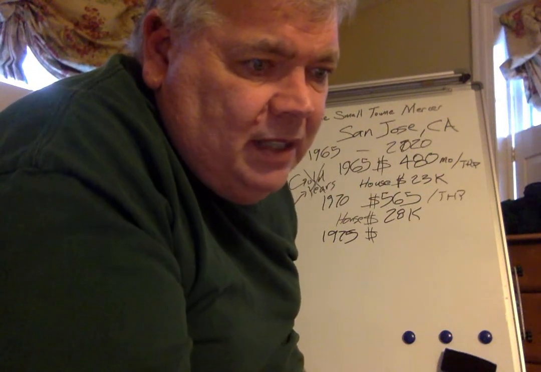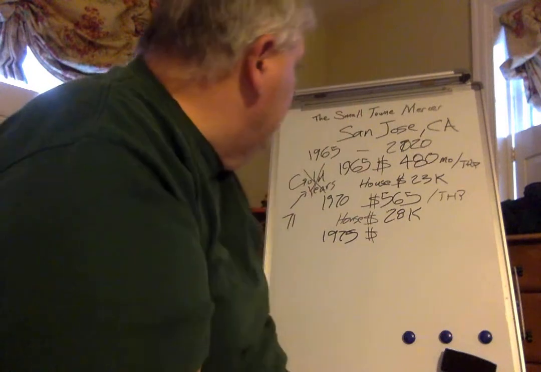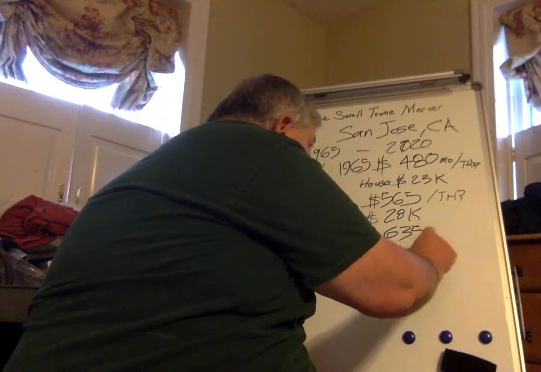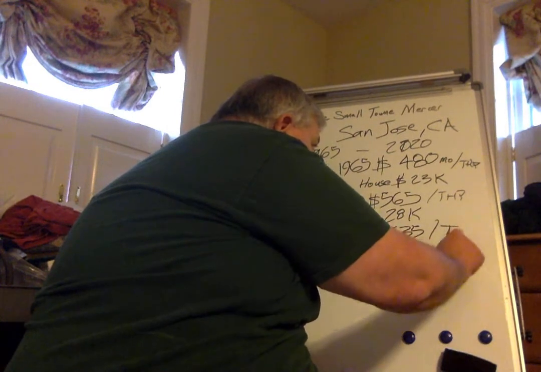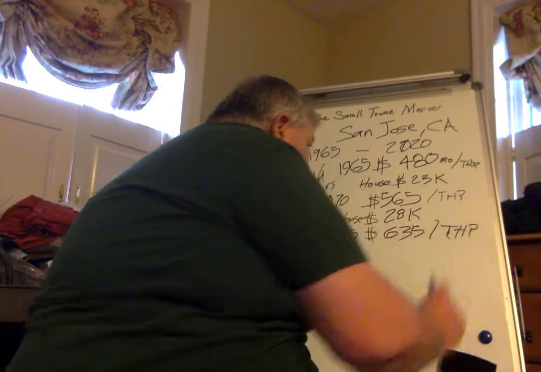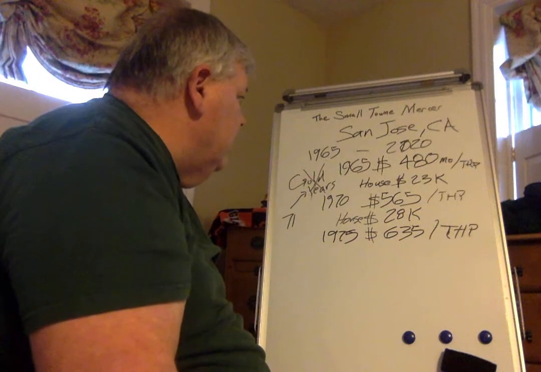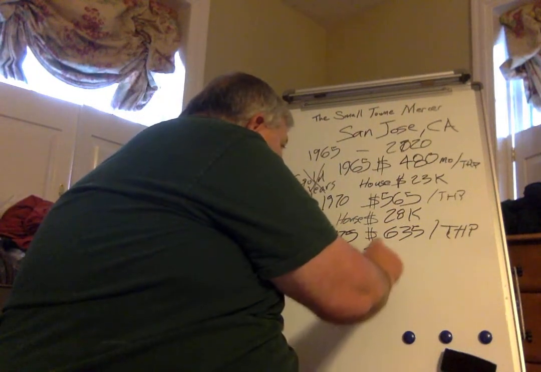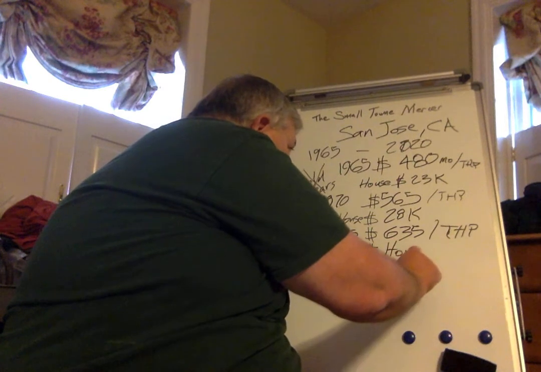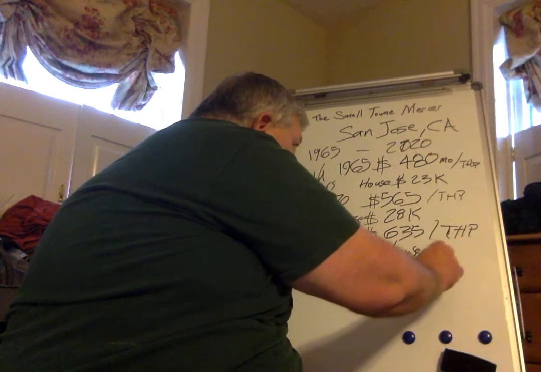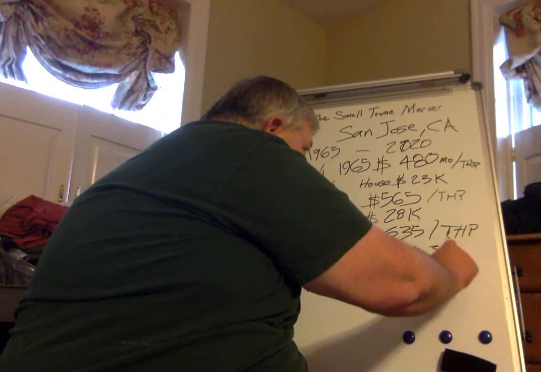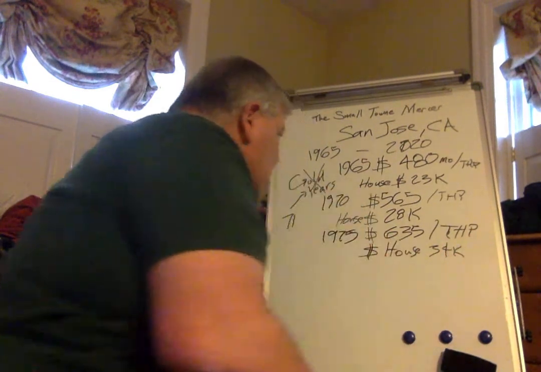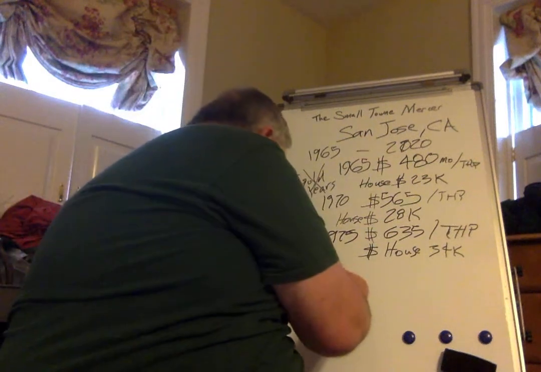So by about 1975, we're at $635 THP. So that's not bad, right? Not bad. 1975. I'm not a very good writer. A house is going to cost about $34,000. I actually put the dollar sign in the wrong place. Sorry about that. And then we'll continue on.